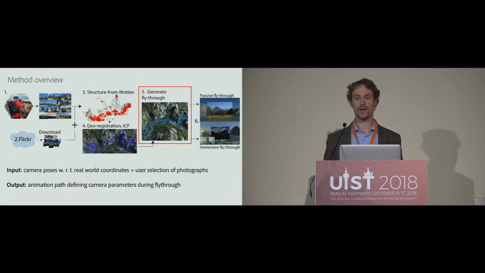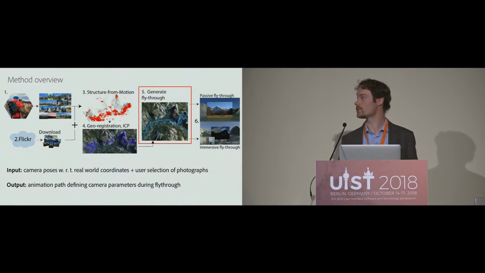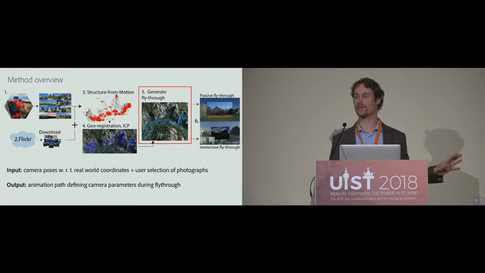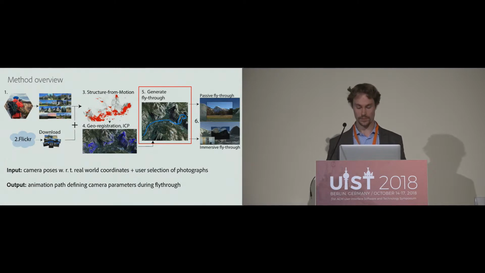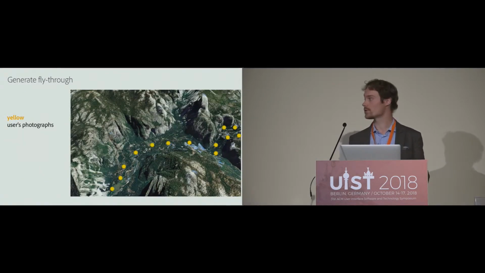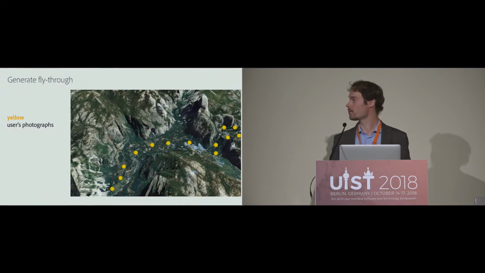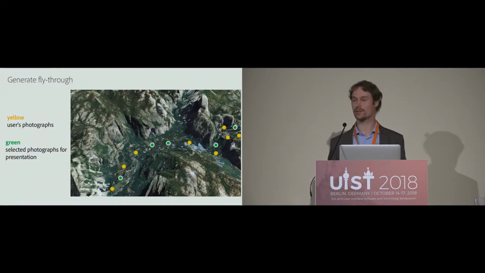So we have now aligned our cameras with the terrain, and we use them to generate the fly-through. We can forget all those Flickr images. We don't need them anymore, because we are focusing on recreating the trip made by the user. So we use all the positions of the photographs the user took, which are the yellow dots. The user also selects the photographs he wants the animation to stop at.